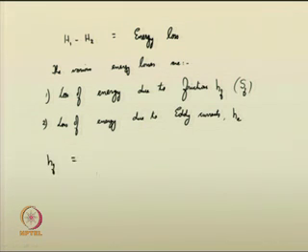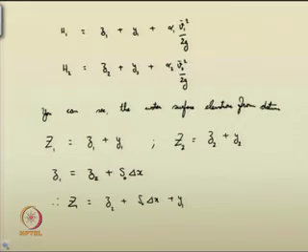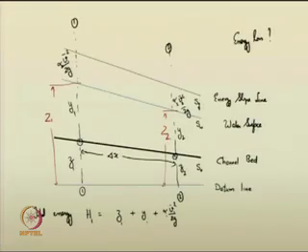HF, the friction loss, can be given as the friction slope into del x. So, we are going to take the average friction slope between two sections, say in this case, this is section 1 and this is section 2. What is the friction slope here? SF1, and here it is SF2.